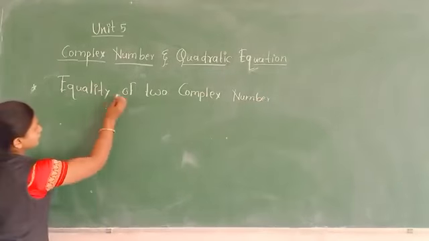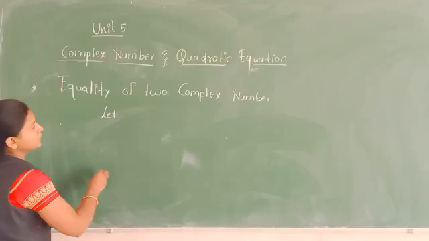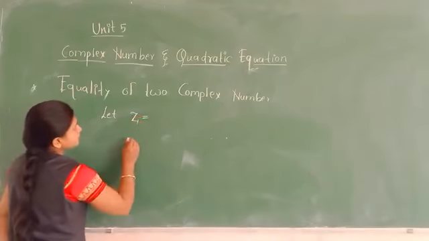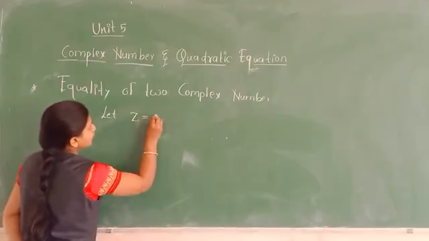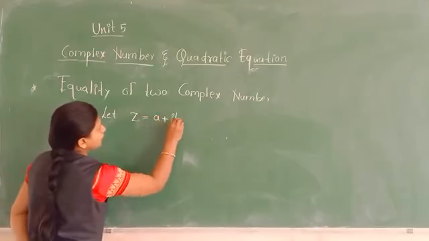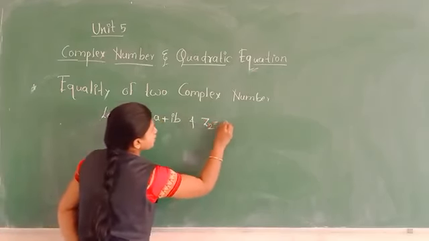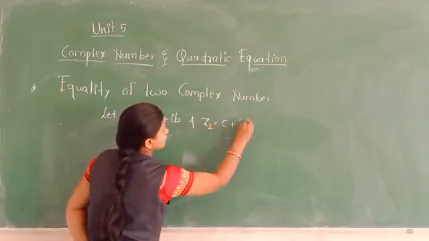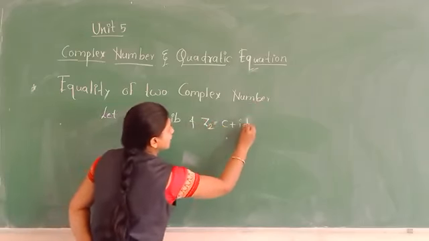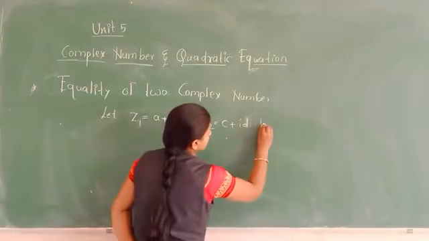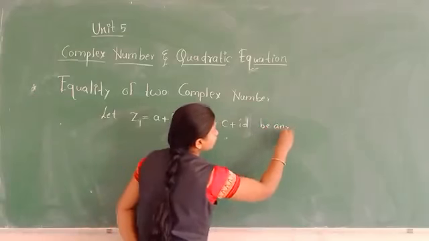Let us take two complex numbers, z1 is equal to a plus ib and z2 is equal to c plus id. These are any two complex numbers.